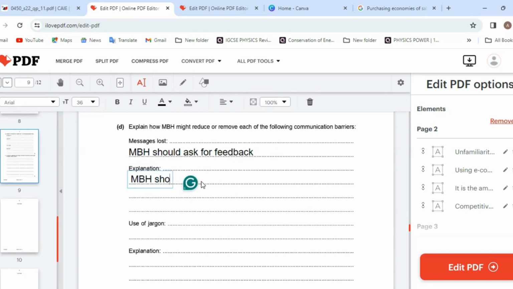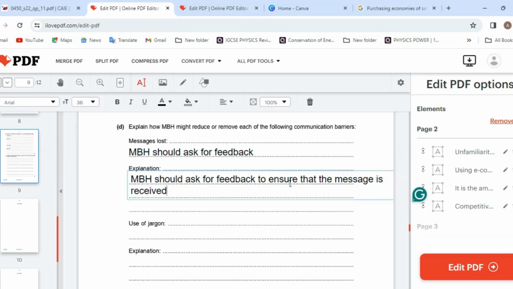MBH should ask for feedback to ensure that the message is received by all 5 hospitals that he has. That's the first one.